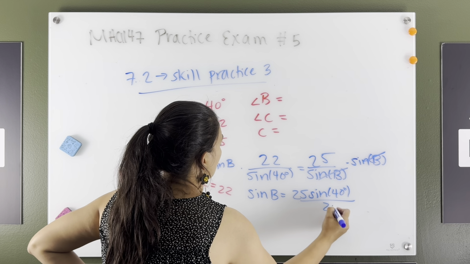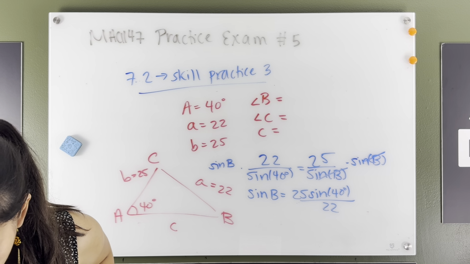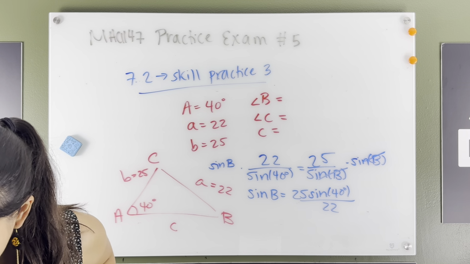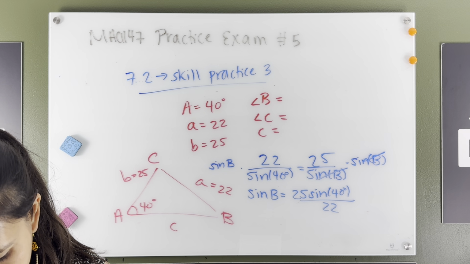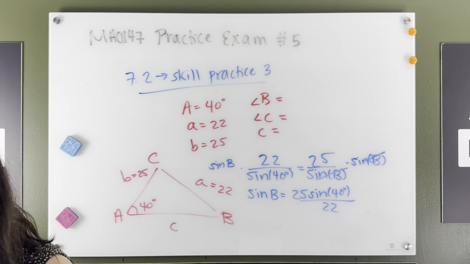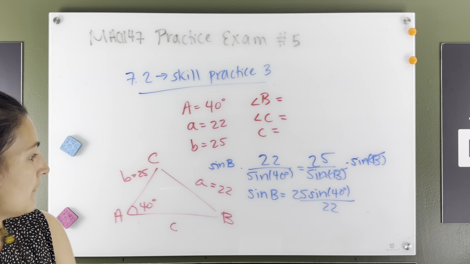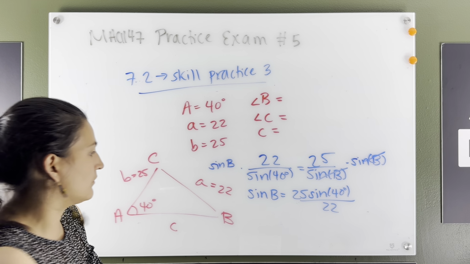You can take your time and check it. This is going to give us 25 times sine of 40 divided by 22, which is 0.73.